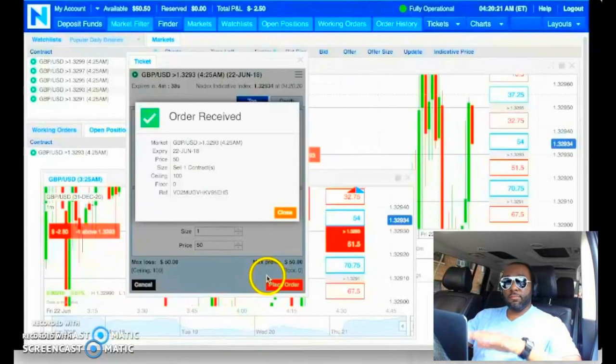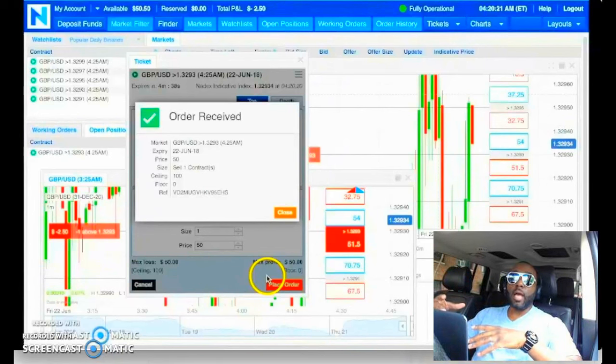So if I entered at 50, the price of the option, if I'm selling, if the market moves down away from the strike, meaning that it's moving in my favor away from my strike price because I sold, so I'm anticipating that the price will move lower. If the market does do that, the pricing of the option will also go down.